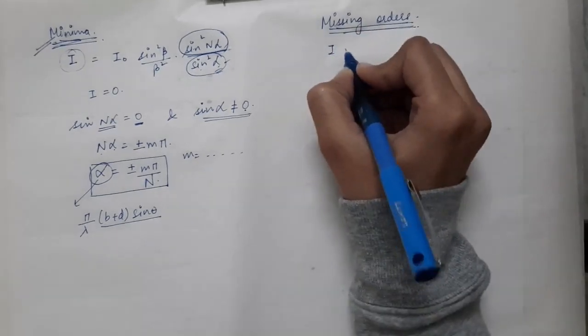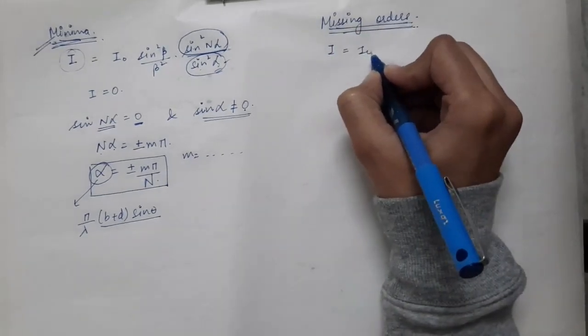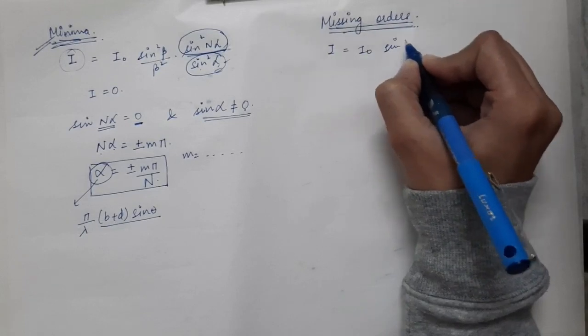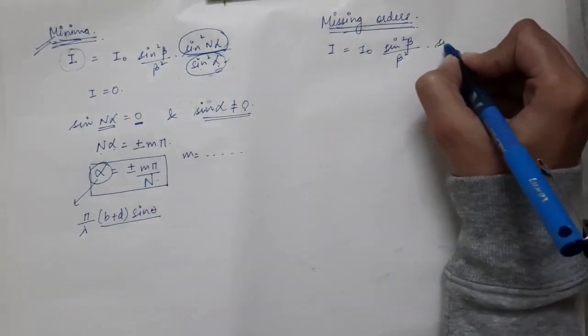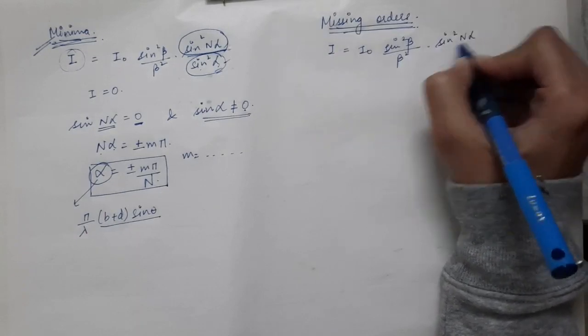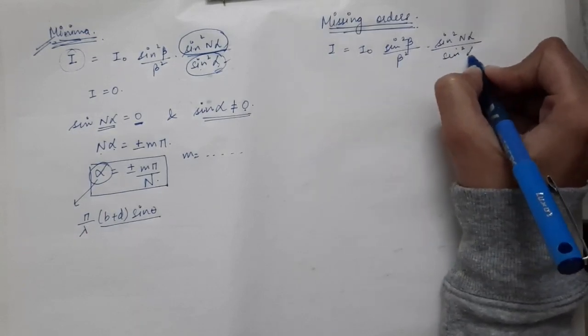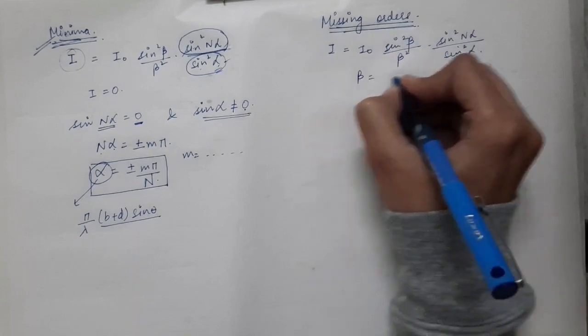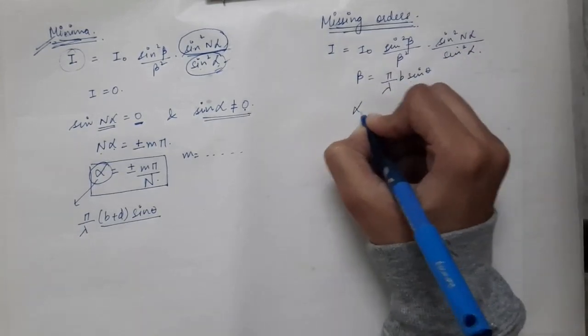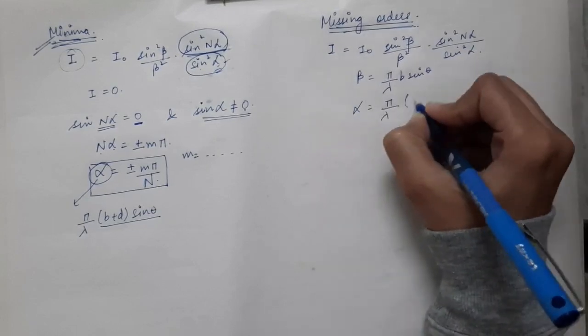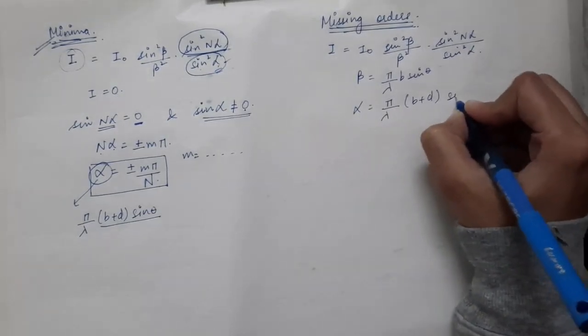So the intensity was equal to I0 into sine square beta over beta square into sine square n alpha divided by sine square alpha, where beta was equal to pi by lambda into b sine theta and alpha was equal to pi by lambda into b plus d sine theta.